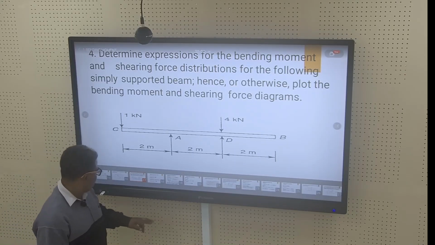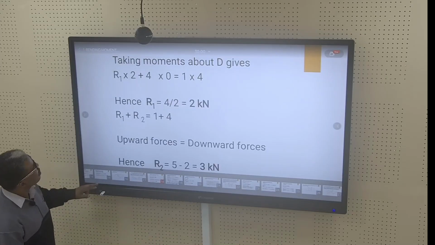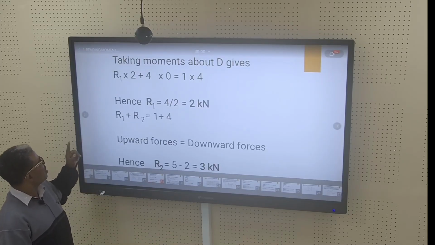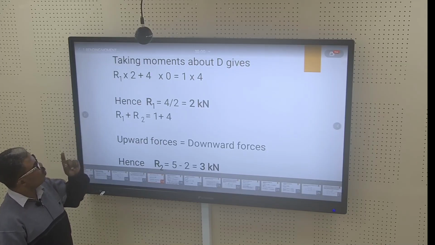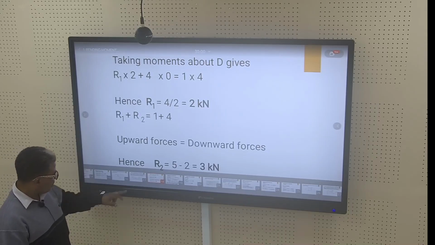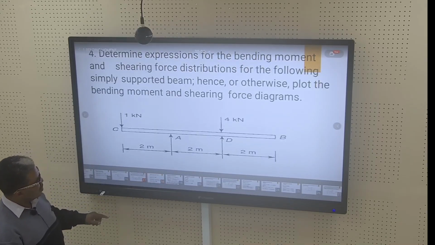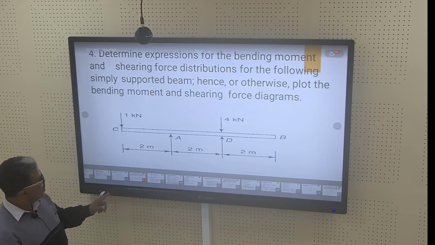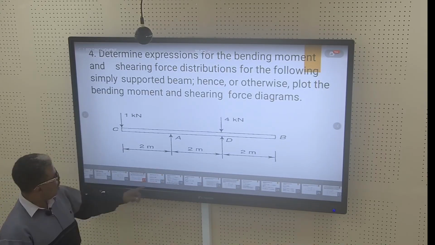Let's continue. So it is R1 times 2, and it should be equal to 1 times 4. 4 is for the distance.